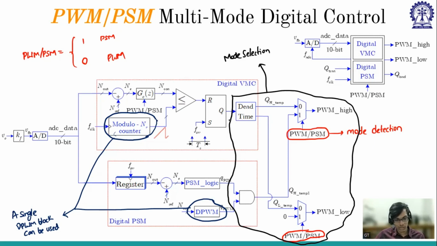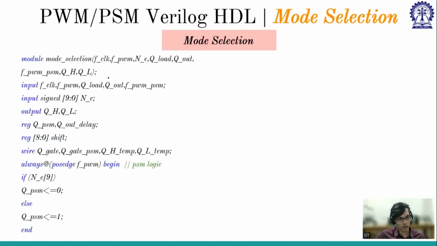So for the mode selection, these are the inputs, and the outputs are PWM high, PWM low, and there is one mode detection bit, PWM PSM. If we go into that Verilog code, again, the main 100 megahertz clock is there, followed by FPWM for switching frequency, then error voltage, then Q load, as well as Q out.